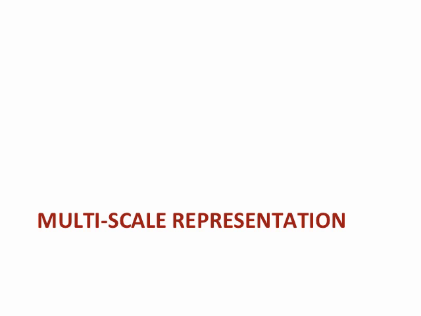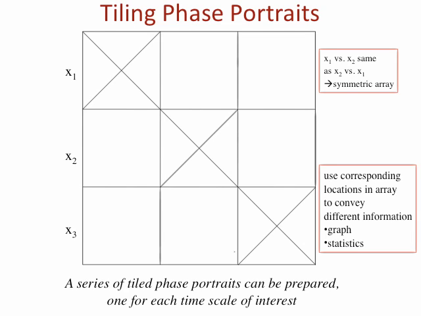The next topic that I'd like to discuss is the graphical representation of a multi-timescale response. As I mentioned earlier, every phase portrait will simply show the relationship between two concentrations or two variables, but I have many of them.